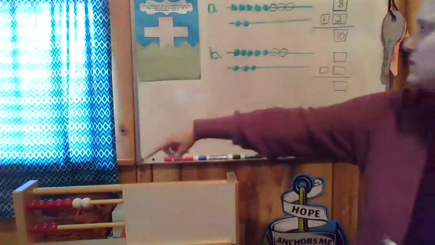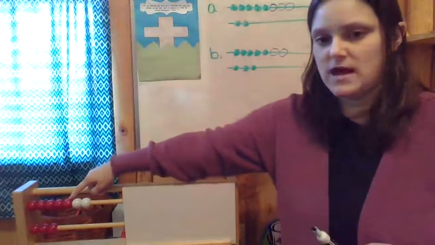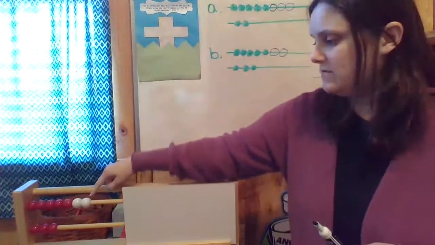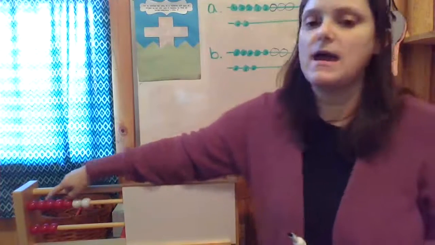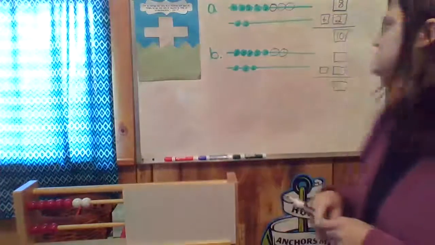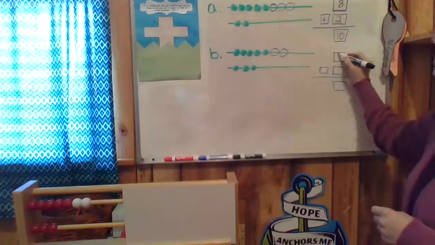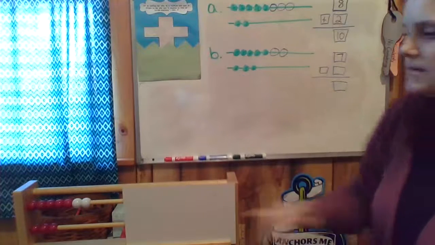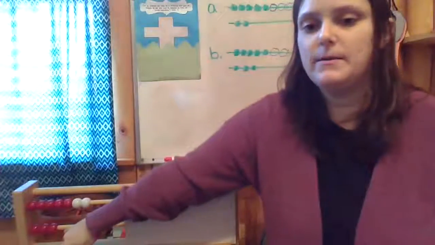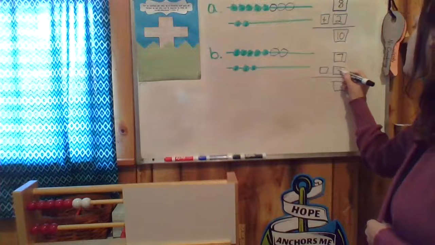Okay, letter B looks like this. So how many red beads do I have? 5. How many white? 2. So altogether I have 7, and that's going to go in the top box. And then on the bottom I have how many beads? 3. So that's going to go in the next box.